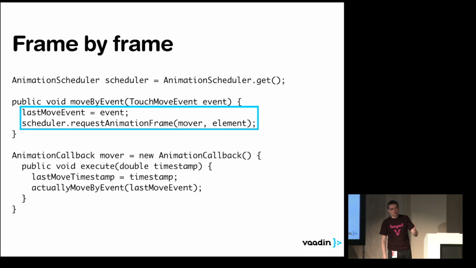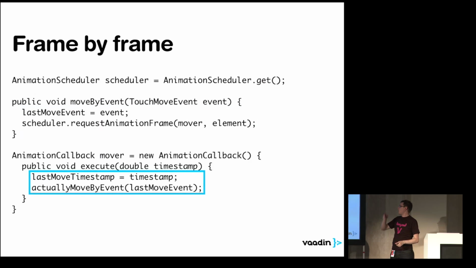It helps the browser optimize so that if that element is not visible on the screen, then it will not use resources for animating it as often. It's still once per second or something like that, but not 60 times per second. Then in the actual animation callback, we record the timestamp of when the last move was. We need this later on, and then we do the actual updating of scrolling only here, because in that way we don't do it if it will not be used by the browser.